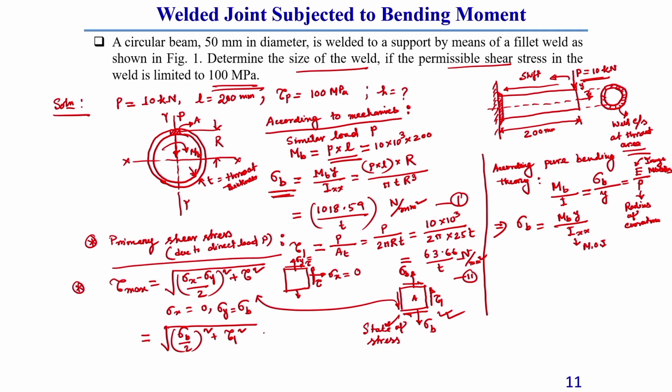If we put these values, we get the maximum shear stress equal to 513.26 divided by T. This unit is Newton per millimeter square.